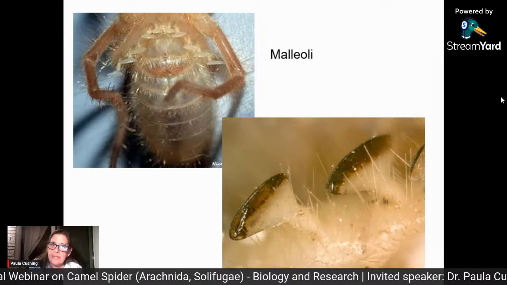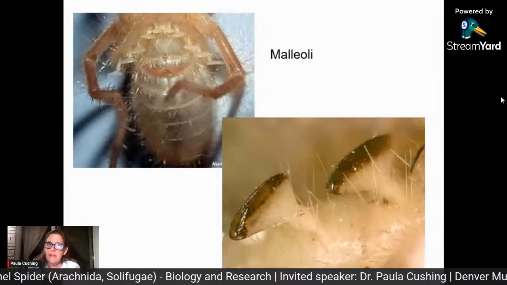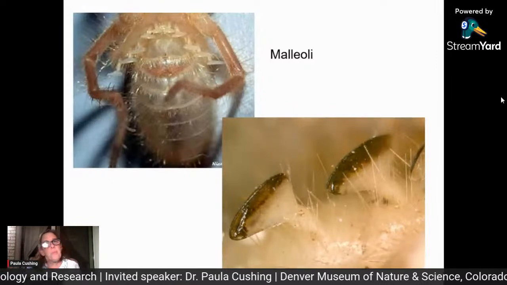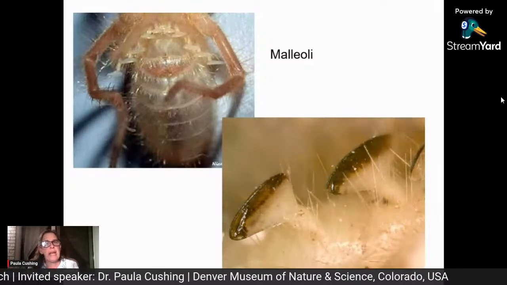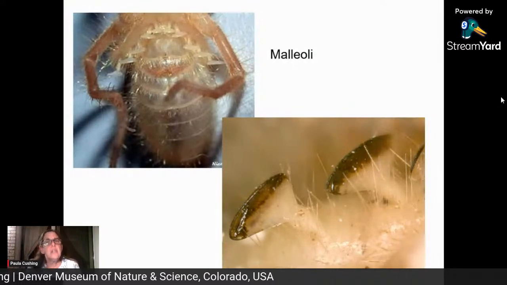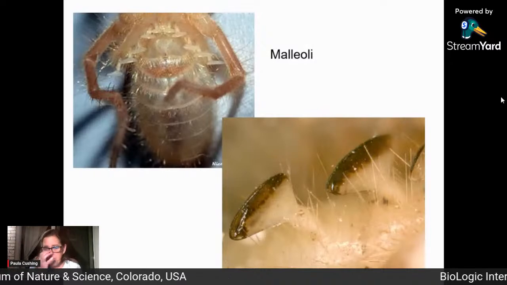Sure enough, there was an insect beneath the sand, and they were digging it up to eat it. It may be that they were picking up the chemical cues of that insect underneath the sand using those malleoli.